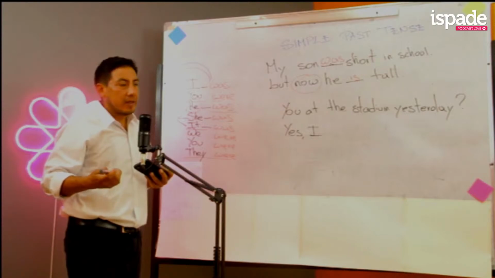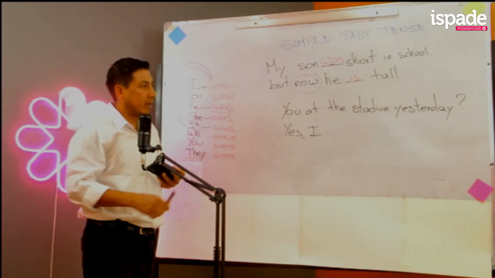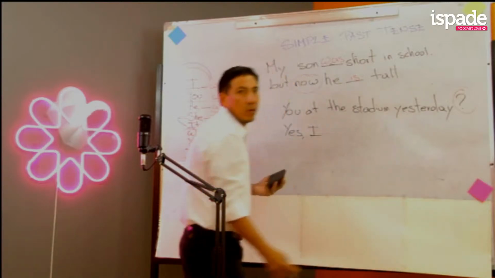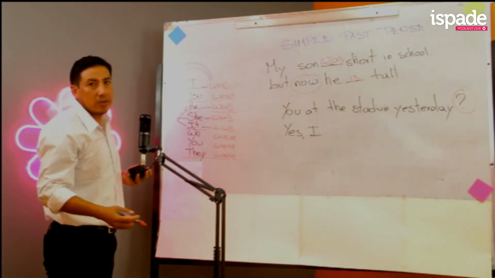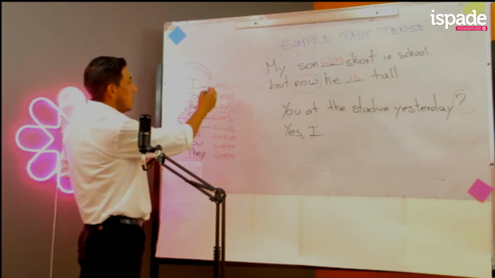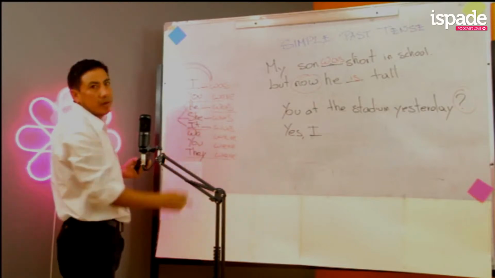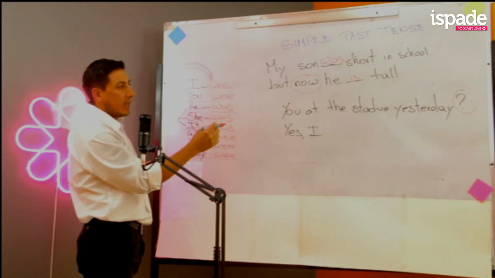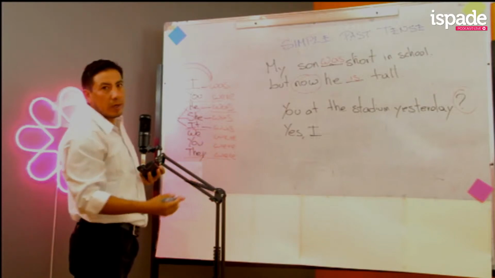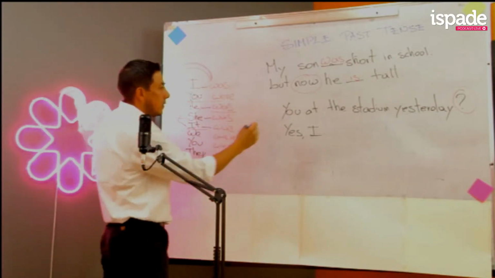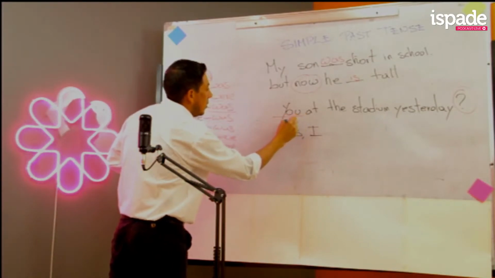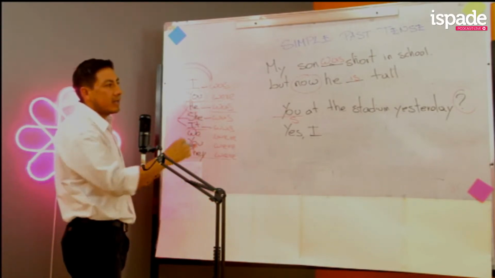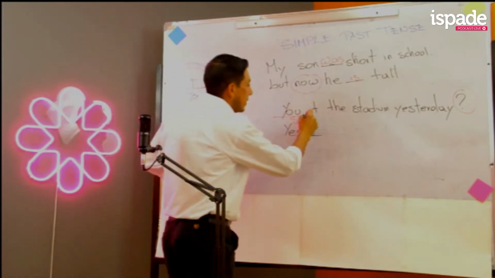Beginning understanding that this is a question. So we got the question mark, identify it. When we got a question mark, remember, we got to use the verb before the personal pronoun. So, you at the stadium yesterday. Where we got the subject? Here. You. Here it is. You see? At the stadium yesterday is the complement.